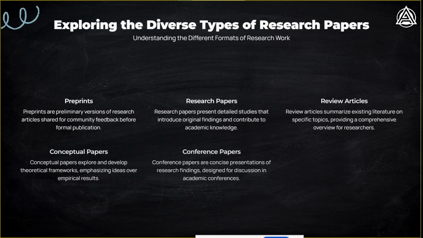And finally, conference papers. Collaboratively, if we include all these things, a refined version of a preprint, an initial draft of a research paper, or a 30 to 40% completed version of a review article or conceptual article, if we submit it to a conference and present it, that paper will be published as a conference paper.